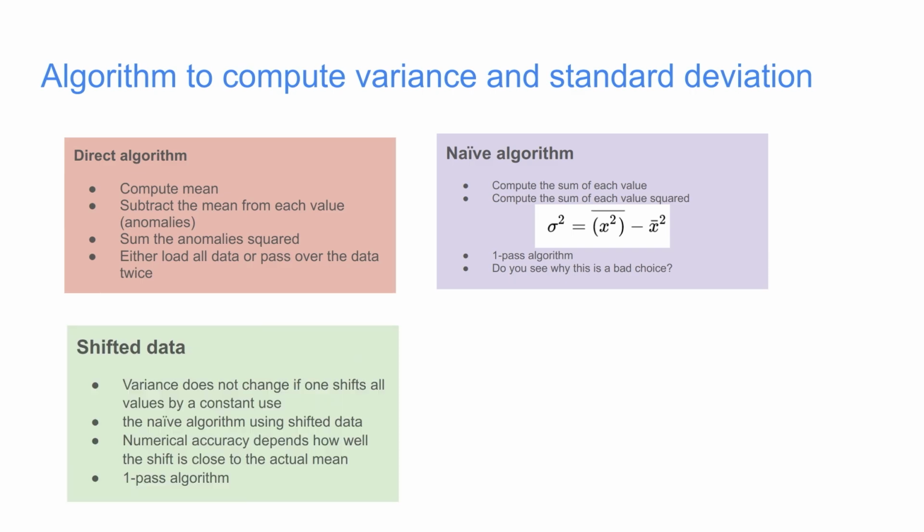There are different ways to go around it. Essentially, you want to shift your data so that you are adding small numbers, not accumulating huge numbers together. If you have a first estimate of the mean, it doesn't have to be perfect, because if you shift the data by a constant, the variance remains the same.